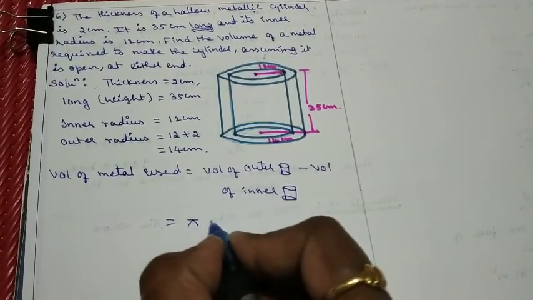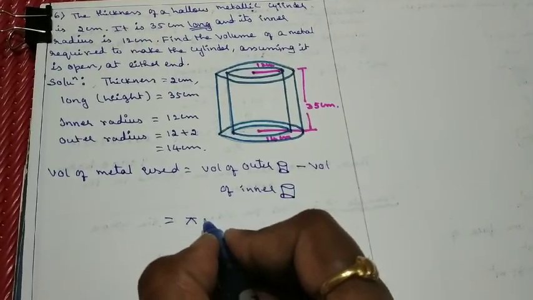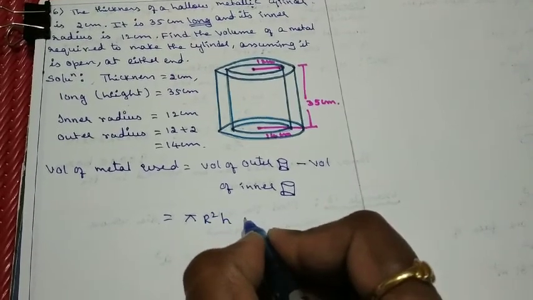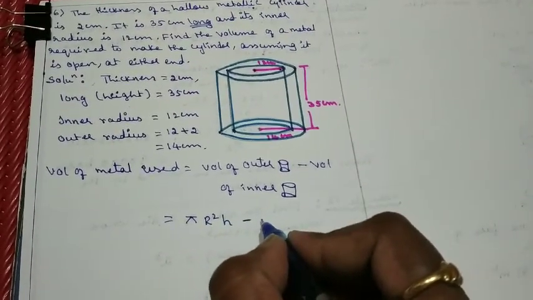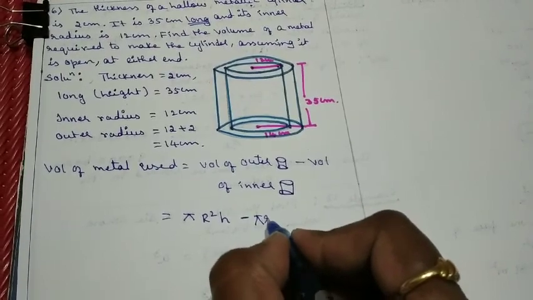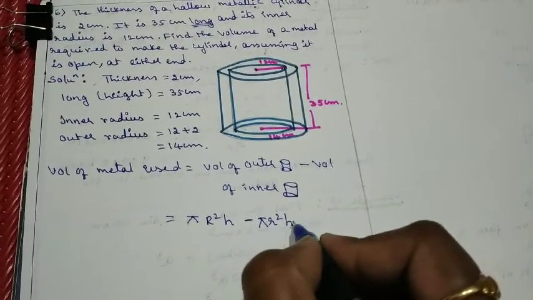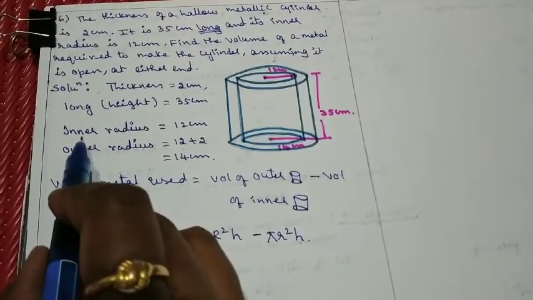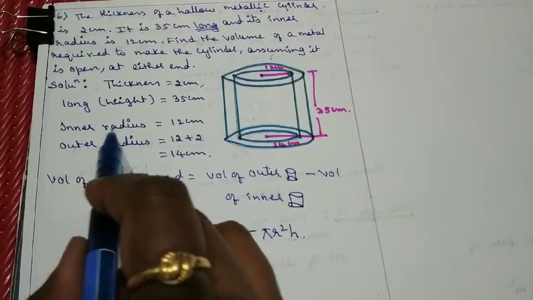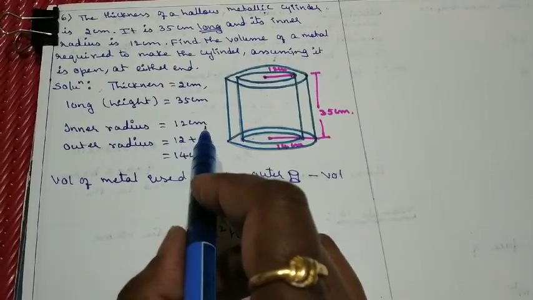So volume of outer cylinder is pi r square h, I'll write capital R, minus volume of inner cylinder pi r square h, I'll write small r. And the radius of the inner cylinder is 12 centimeter.